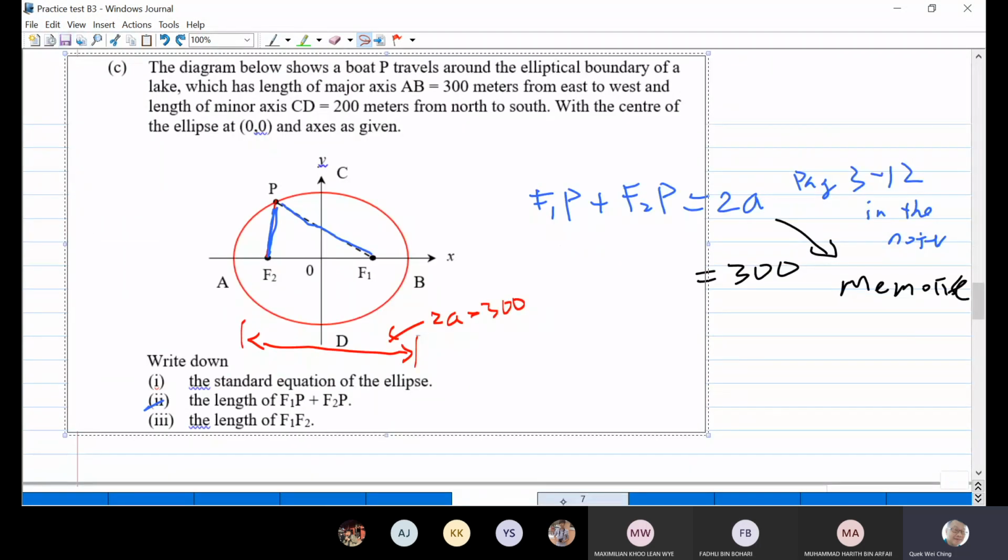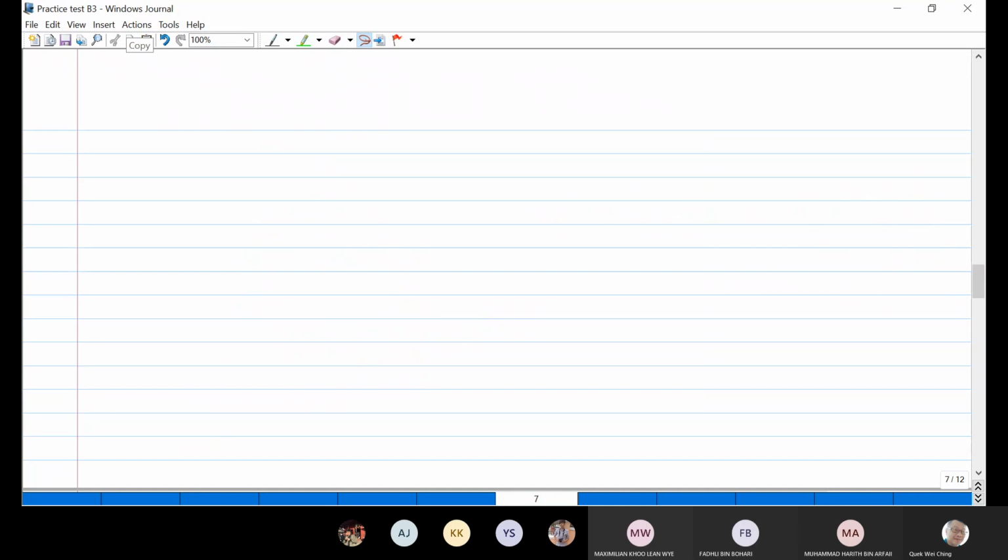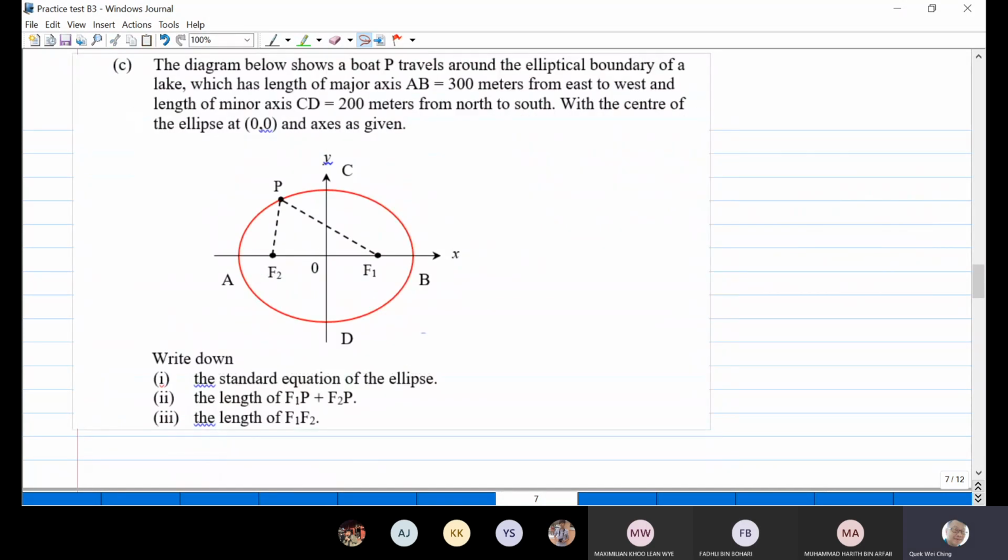I just insert the page first. I want to find the length of F1F2.